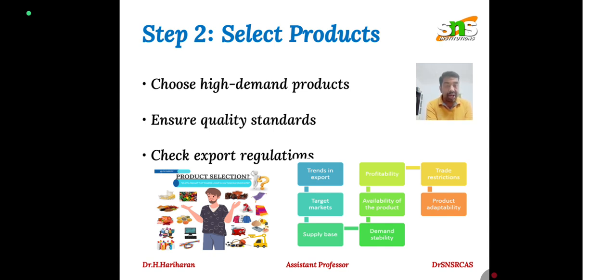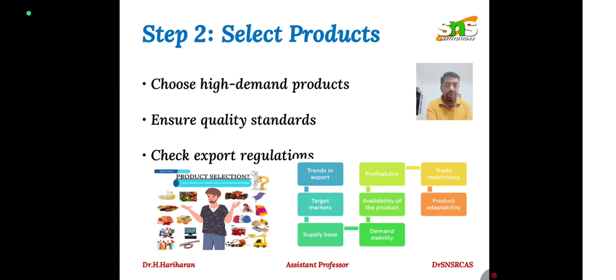After doing market research, the next one is select the products. In that, choose high demand products. Always choose the highly demanded products. Only then might you have demand for all the 365 days. The second one is ensure quality standards. Your product should always have quality, with no compromise on quality.